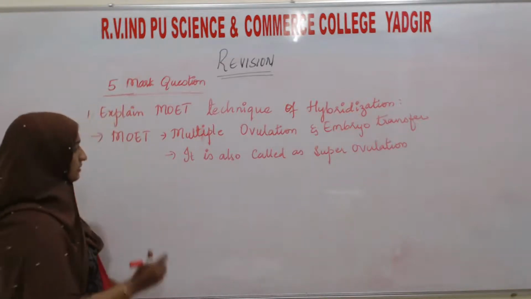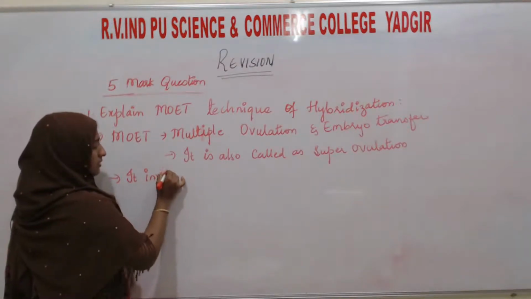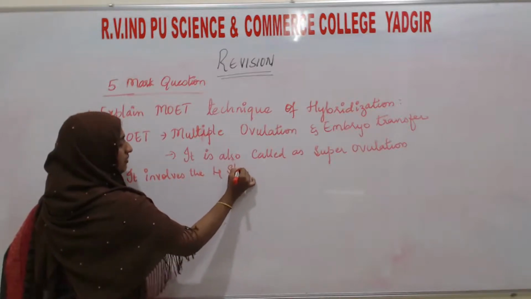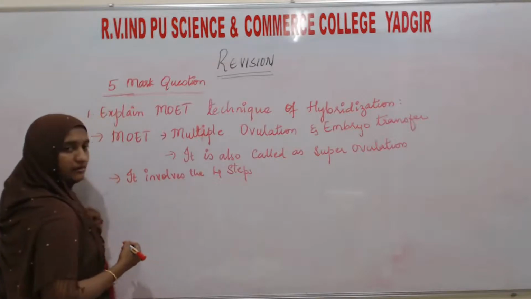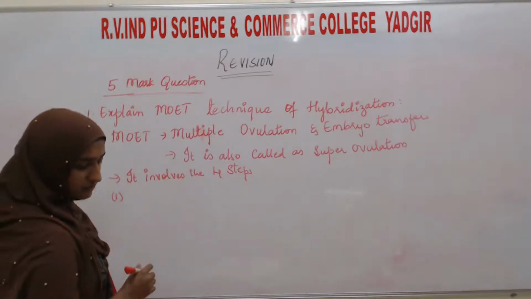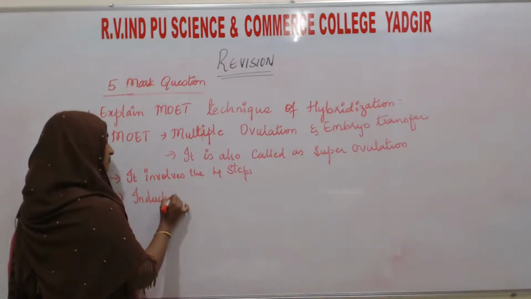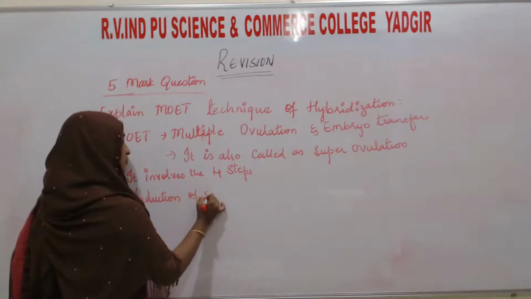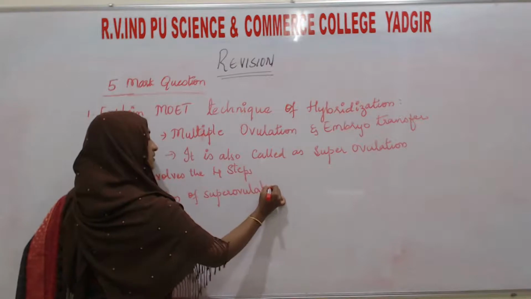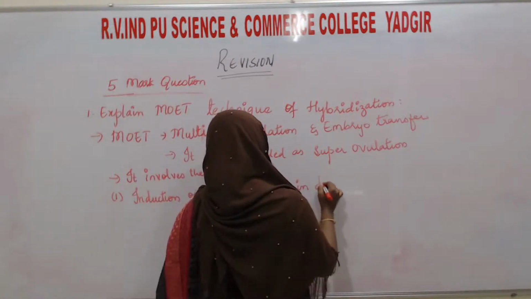Here it involves 4 important steps. The first step is induction of superovulation in the donor cow.